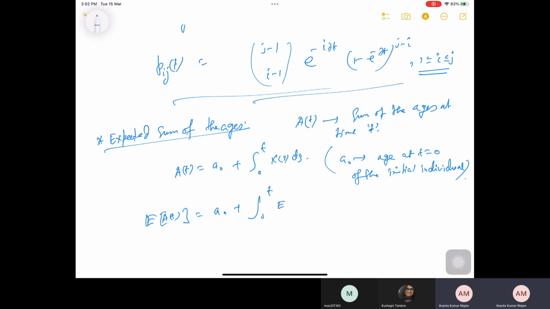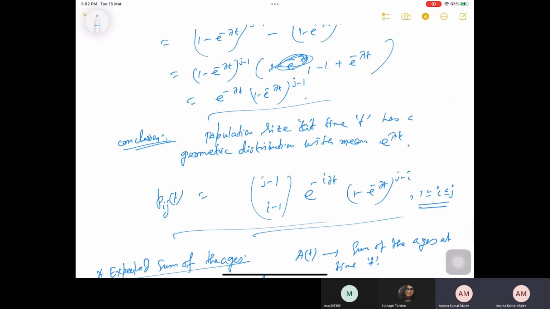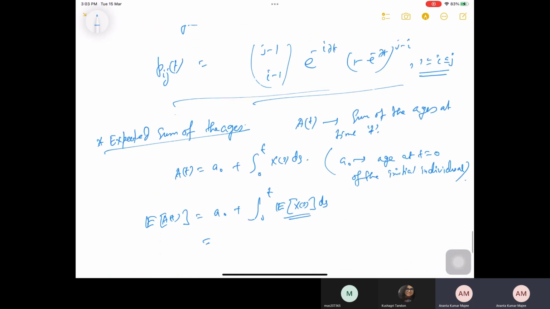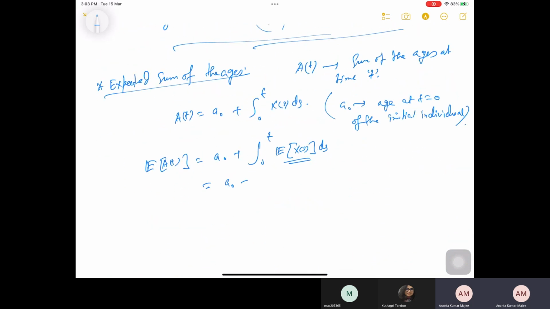So this is the integral from 0 to t of the expectation of X(s) ds, and this is e^(λs), the mean of X(s), because we have already seen it is a geometric distribution with mean e^(λt). So this is A0 plus the integral from 0 to t of e^(λs) ds, and hence this is A0 plus (e^(λt) - 1)/λ.